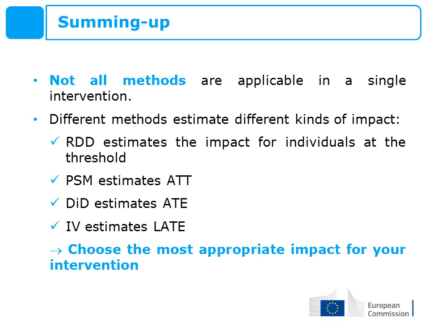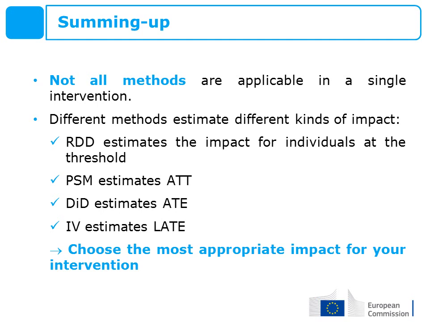For example, it would fit evaluation questions like, what is the impact of a training program on employment for treated regions? Instrumental variables estimates the LATE. For example, it would fit evaluation questions like, what is the impact of a training program on employment for the compliers subpopulation, i.e. for people who decide to participate due to the encouragement letter?